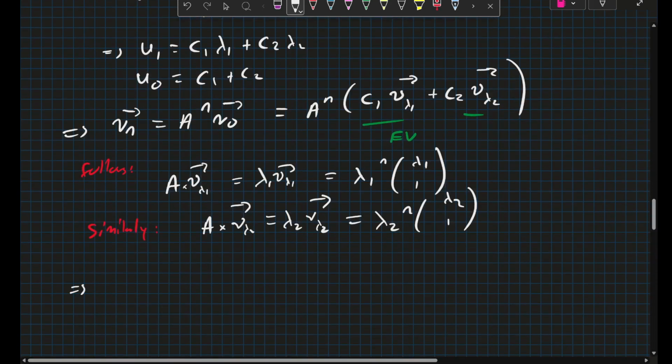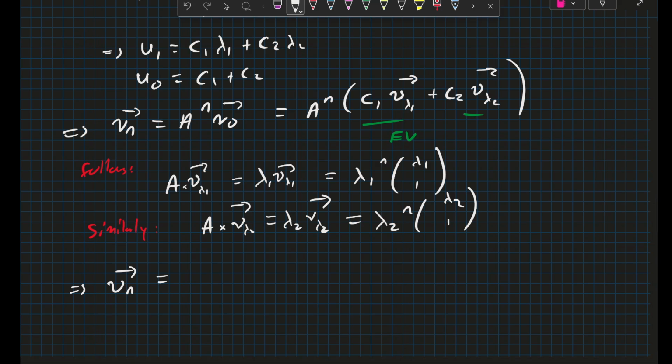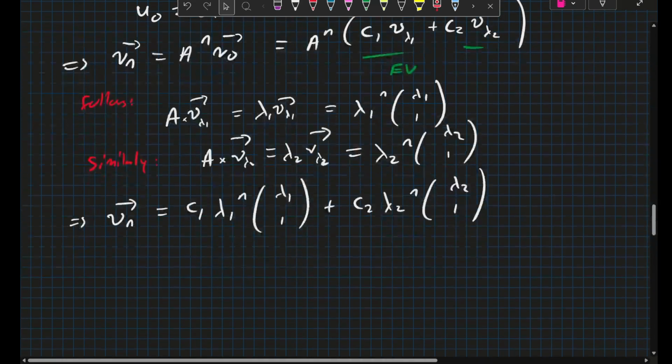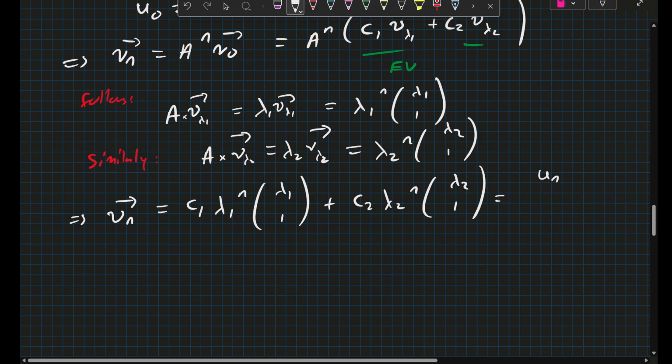So now putting this back together, we're going to get Vn as c1 lambda 1 to the n times (lambda 1, 1) plus c2 lambda 2 to the n (lambda 2, 1), and these are all equal to (u n plus 1, un).